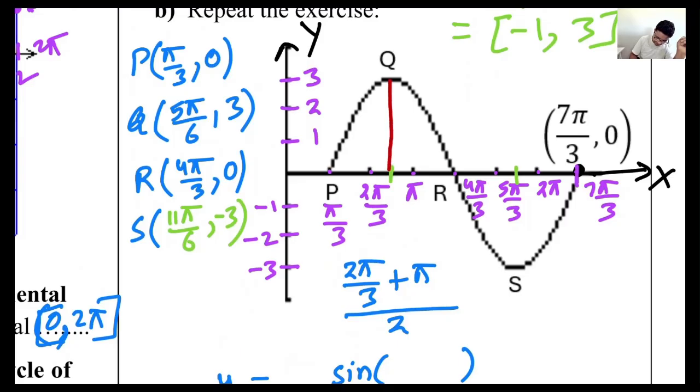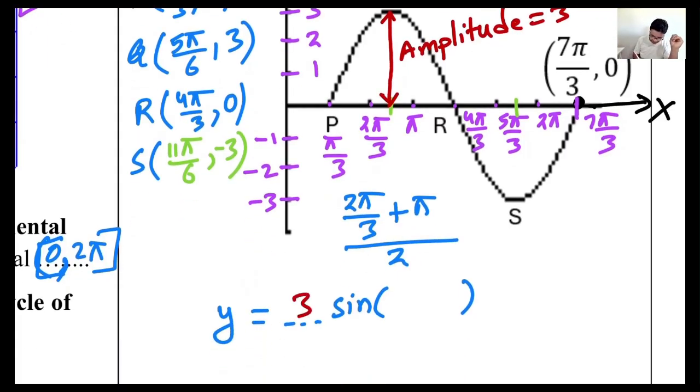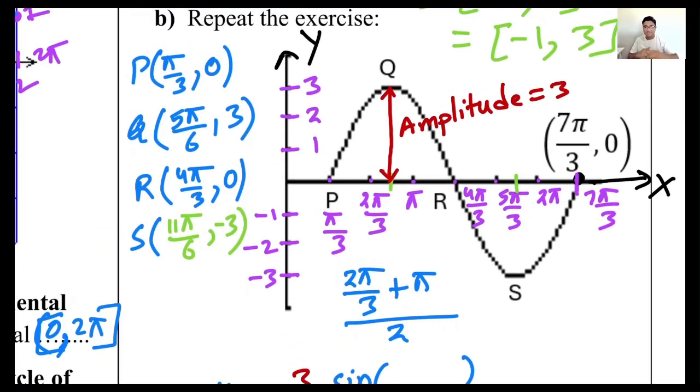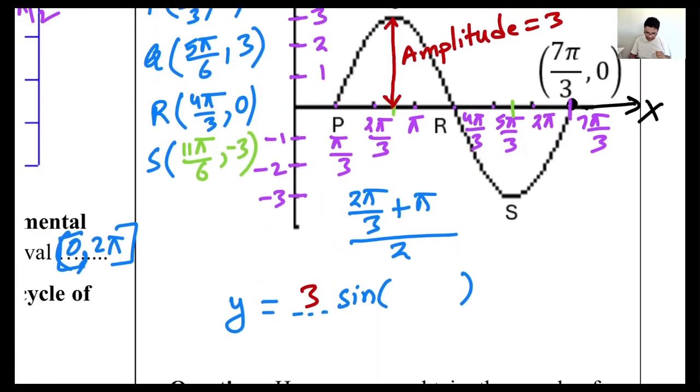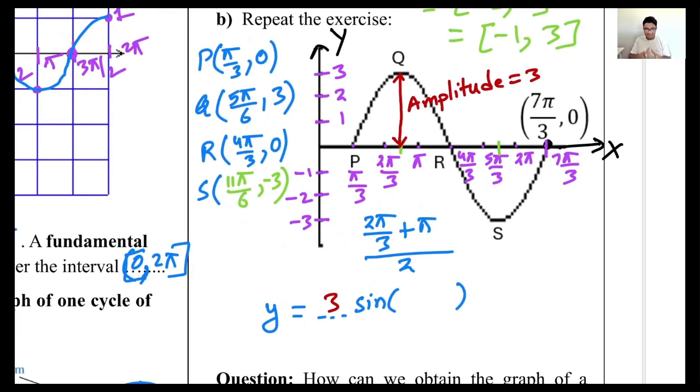The distance from mean position to the peak position is called amplitude. In the regular sine graph, sine x, the amplitude is 1. Here, the amplitude is 3. And that appears in the equation here. The graph has been stretched 3 times, right? 1 has become 3. So from our understanding of the transformations of graph, we should multiply the output by 3.